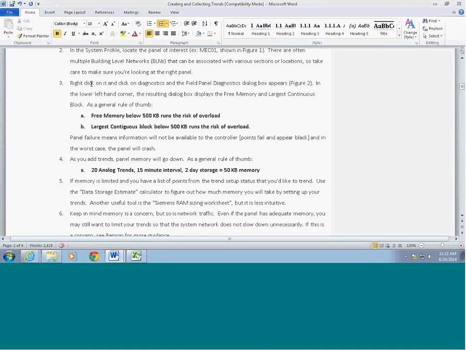If any of them are low, now we've got to do a couple extra steps. Some steps are: run a summary report to identify what trends exist. The reason you're doing this is you may want to have a discussion with the facility about what they can get rid of, so you could clear up some available memory. But that's not an easy process.